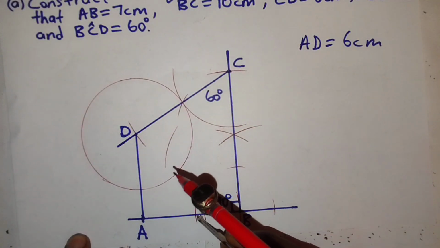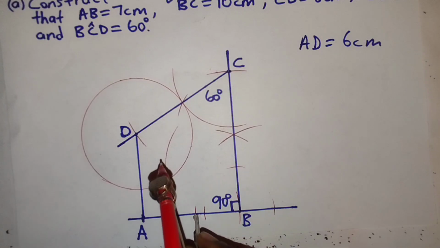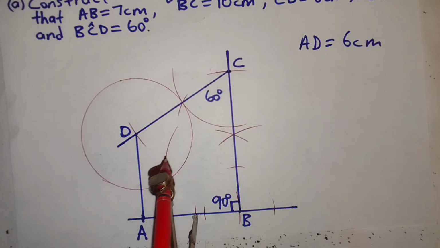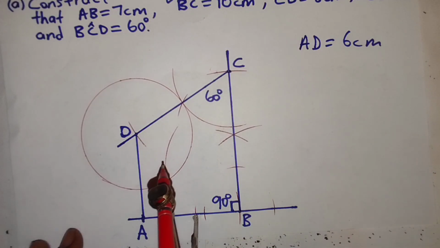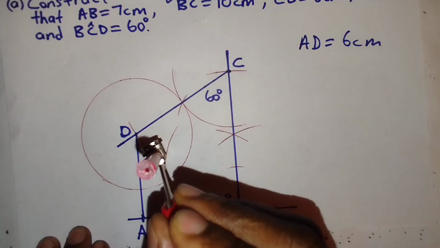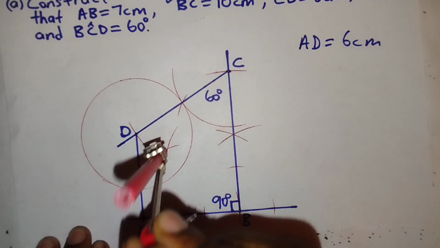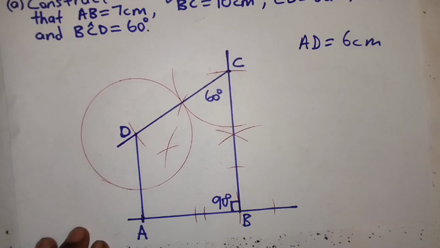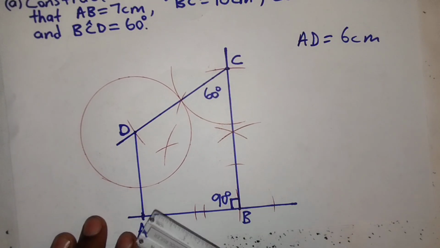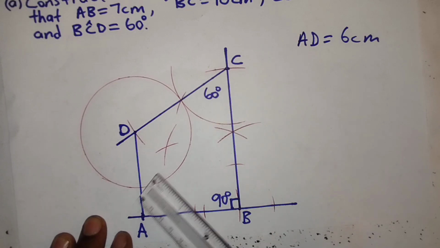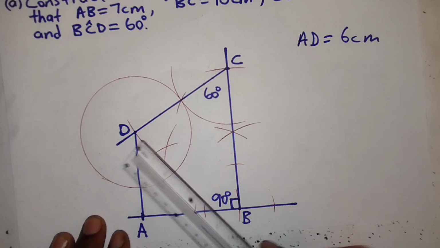And where AB meets the arc which I drew from B, as my center, I'll draw another arc which coincides with this one like this. Okay, remember I want to bisect angle ABC. The locus of points equidistant from AB and BC is just the bisector of angle ABC.